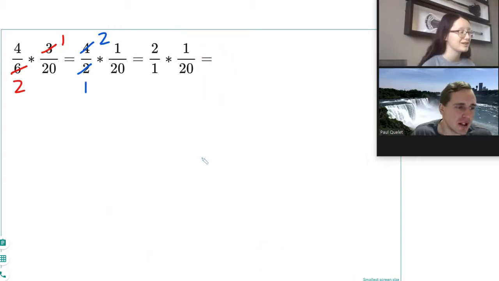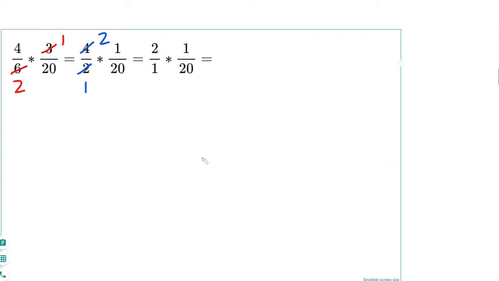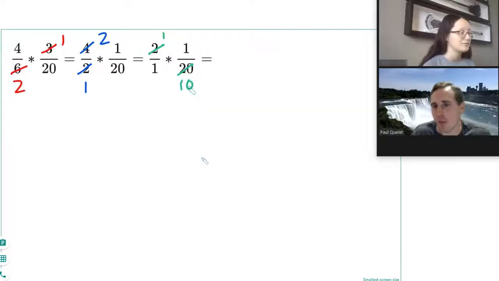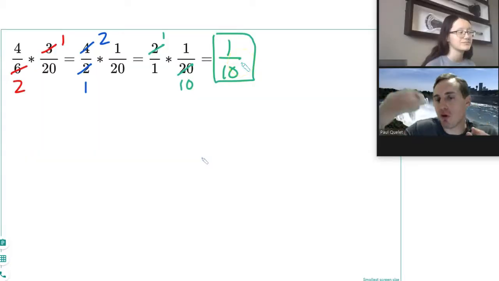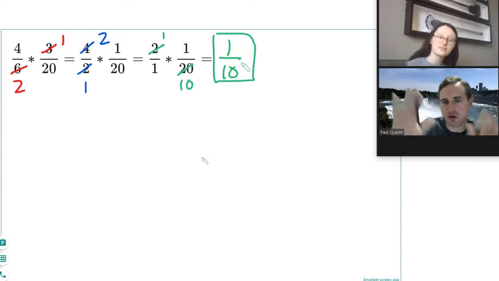But hopefully you realize, oh, wait, I might as well just finish it up. This is 1, this is 10, and I hope I don't necessarily need to rewrite it again. It's going to be 1/10, right? So if you need to rewrite it, just do that. There's no shame in that.